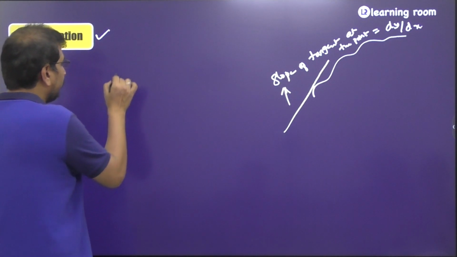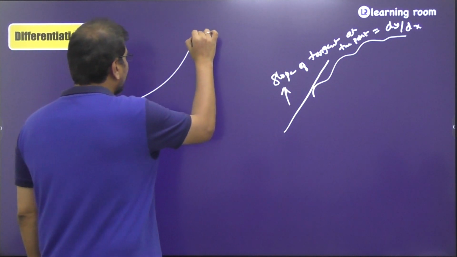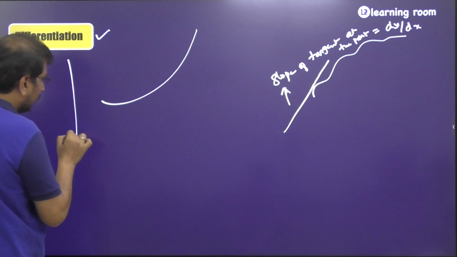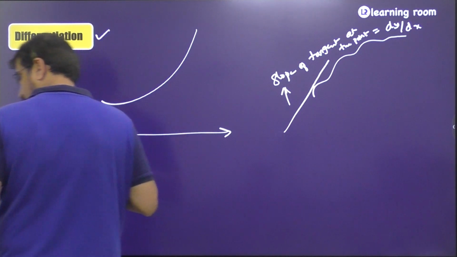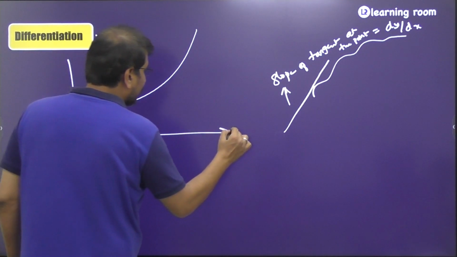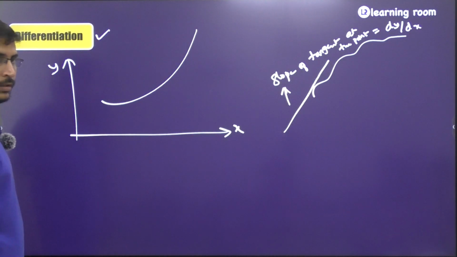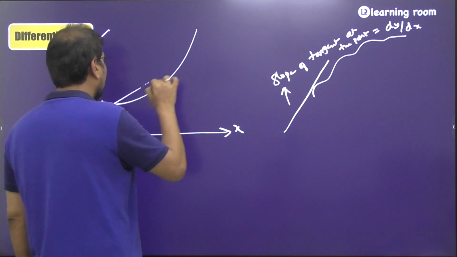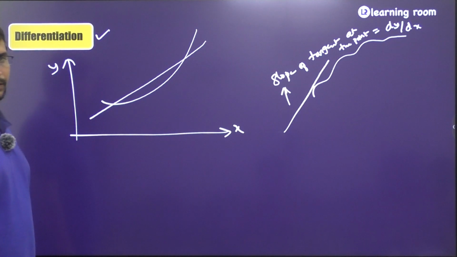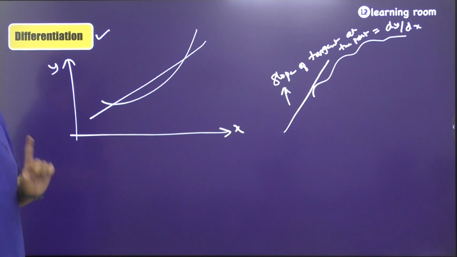Listen to this carefully. Suppose I have a shape like this, which is x and y. Right? If I draw a line like this, it is a line, it is not a chord. It's not a line segment.